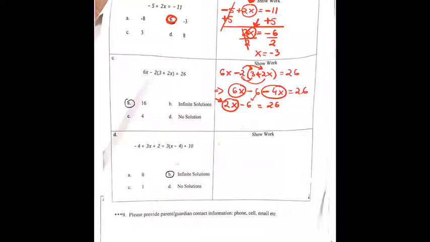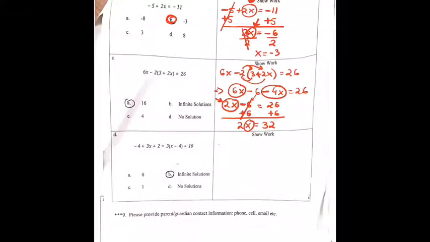In order to isolate it, I need to get rid of this 6. Since I have subtraction here, I'll do the inverse of subtraction, which is addition. So I am adding a 6 on both sides of the equal sign. My 6 cancels out, and I get 2x equals 26 plus 6 gives me 32.